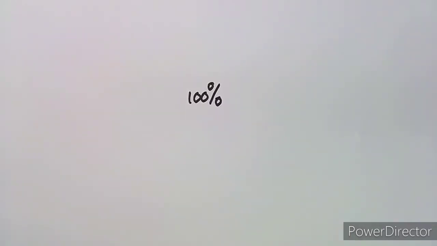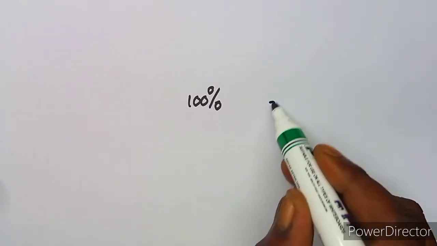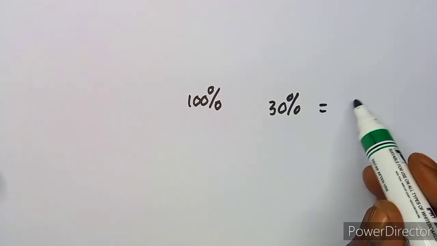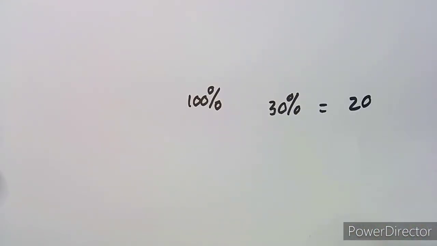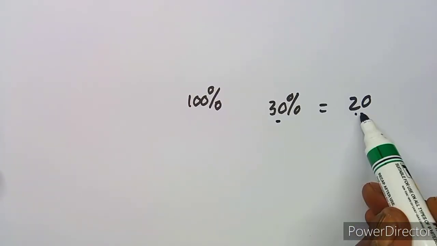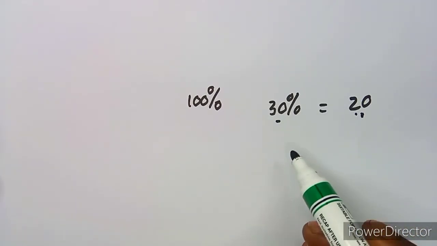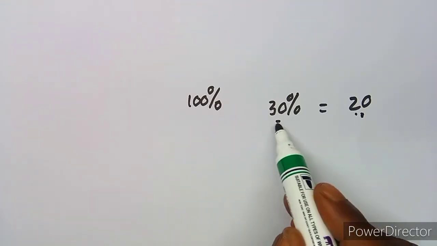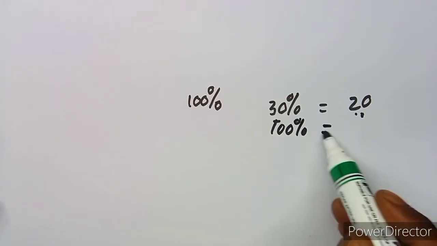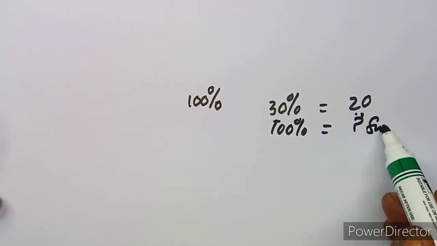Take note, guys, it's like this. You calculate 30% of a certain value and you obtain 20. If this is 30% of a certain value, it means the value that you calculated from is at 100%. So 100% is the one that you calculated from.